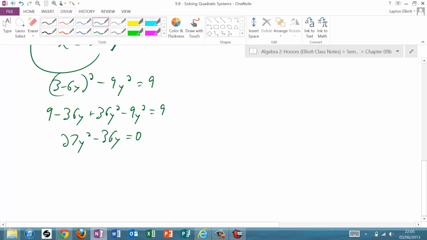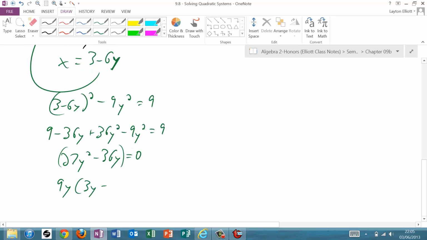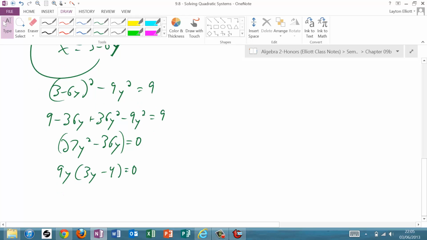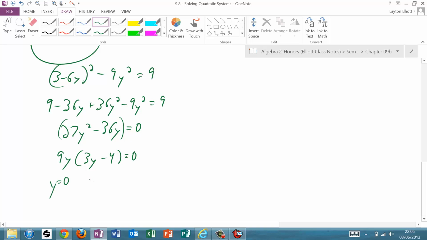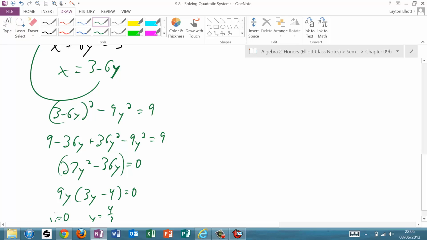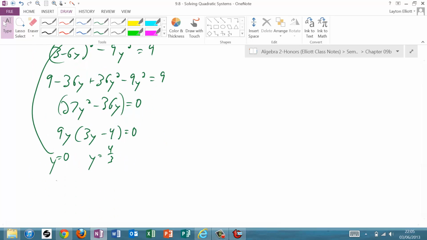I have 27y squared minus 36y, and the 9's drop out. Pull out a greatest common factor from the left side, and I have 9y, parentheses, 3y minus 4 equals 0. So this gives me y is equal to 0, or y is equal to 4/3. If y is equal to 0, and I plug that in, I get x is equal to 3.